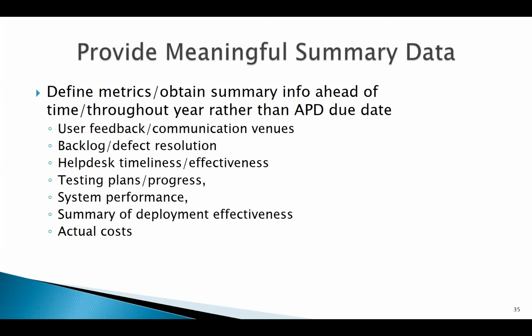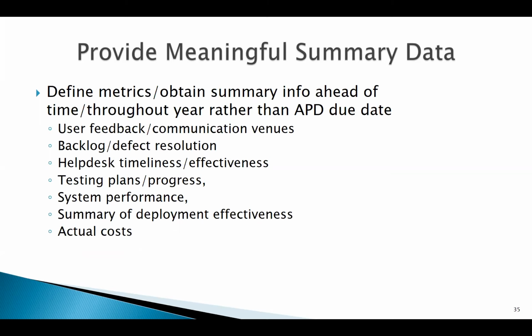These other kinds of normal data that sometimes we see that can be helpful is just a sense of what your backlog is and how well you are resolving defects in your system, what kind of testing plans you have. Basic system monitoring. We don't need to see every detail, but some sense of how often your system goes down, or whether or not you're meeting the metrics of how fast your system is processing things and that it's available to users.